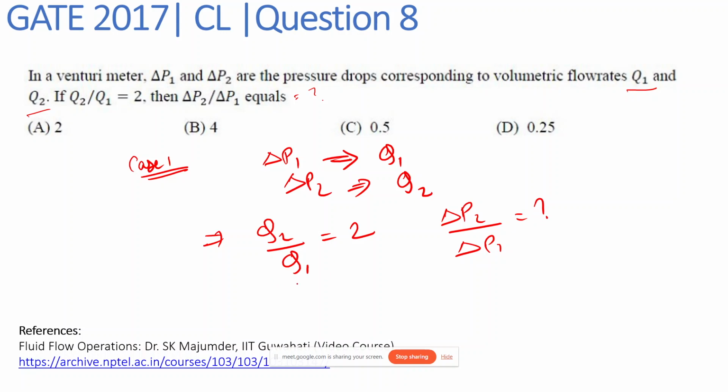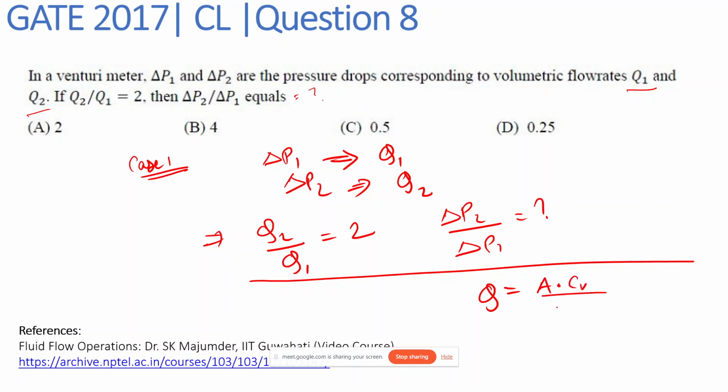So again, if we take a look at the equation governing the flow rate through the venturimeter, we have Q is equal to area into velocity, and velocity is given by Cv upon under root of 1 minus beta raised to 4, upon 2 delta P by rho. Here delta P1 and delta P2 are the pressure drops corresponding to volumetric flow rates Q1 and Q2.